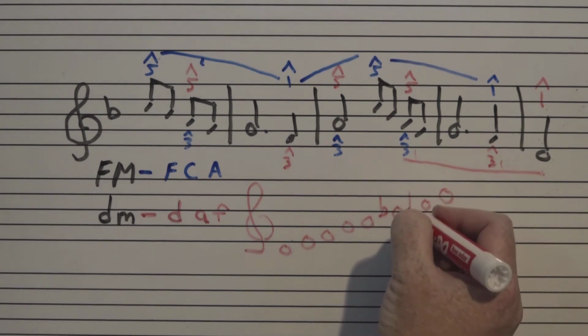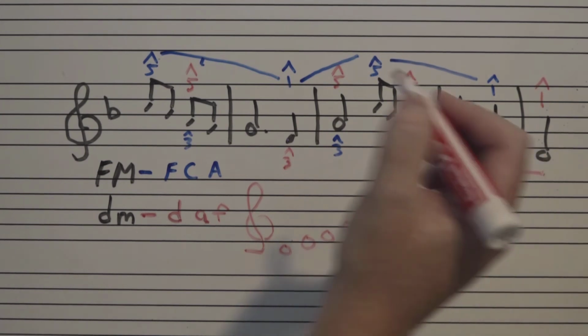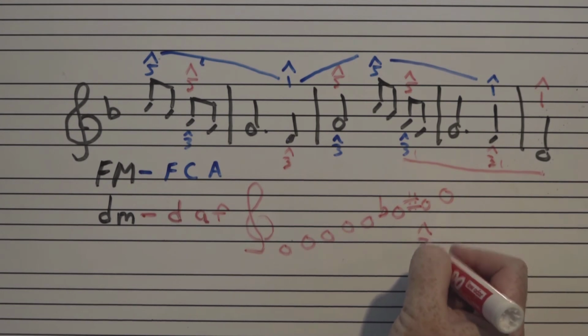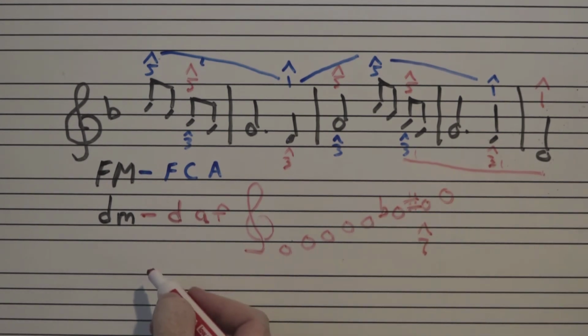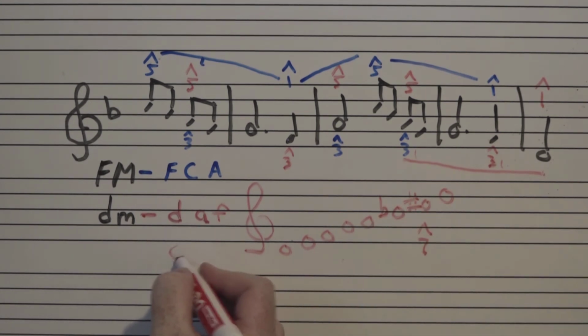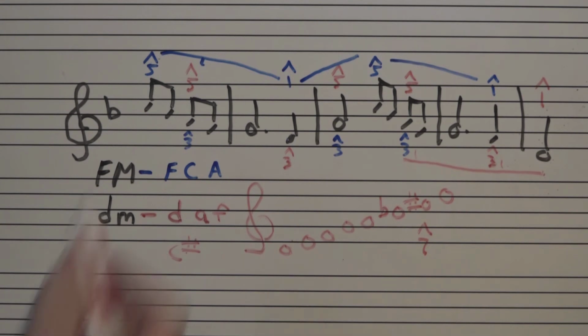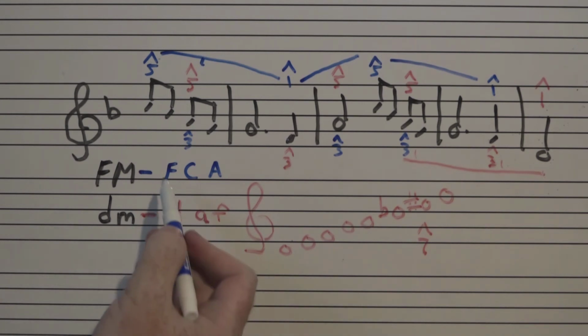We use the harmonic minor. So you're looking for scale degree 7 in minor. So D minor, that is C sharp. And notice we don't have any C sharps. We actually have some C naturals. So that is, again, an indicator that we are in F major.